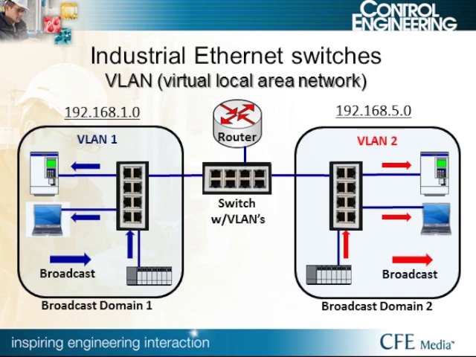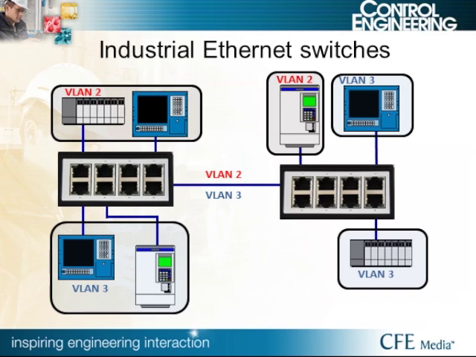In this example, each of the switches are used for one VLAN. But what if you have devices on the same switch that need to be separated? In this example, the managed switches can have different VLANs configured on the same switch. As you configure each switch port for a specific VLAN, you are creating, in effect, a virtual switch.